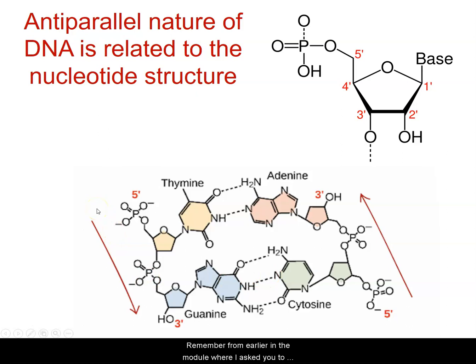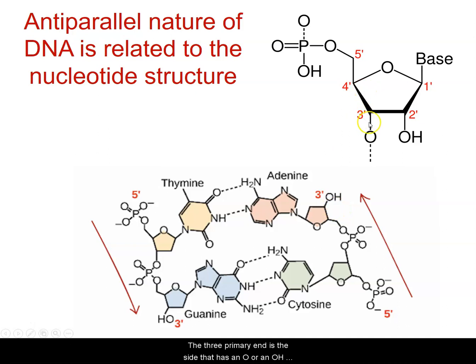Remember from earlier in the module where I asked you to look at how the backbone structure of DNA is formed. You can see that we have a 5' end and a 3' end. On its anti-parallel side, we have a 3' end and a 5' end, and they're facing opposite sides to one another.